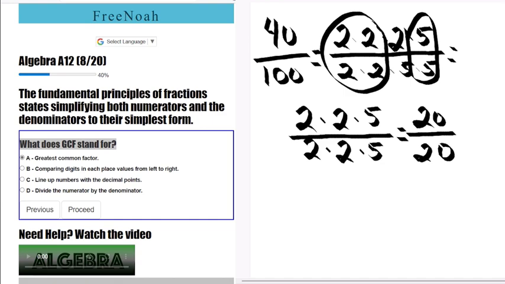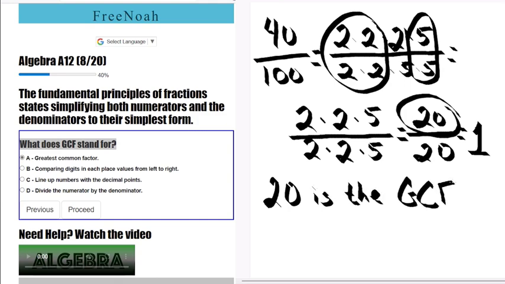Okay, and 20 over 20 gives us 1. Now our greatest common factor is 20. So 20 is the greatest common factor of 40 and 100.